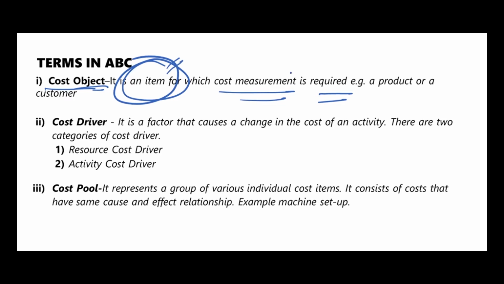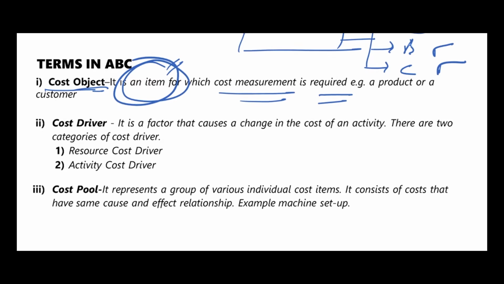For example, if you are in a production line which results in the production of three items, A, B, and C, then for these items you will need to have a cost for each of them. So A, B, and C can be called cost items or cost objects. It is basically an item for which cost measurement is required, such as a product or customer.